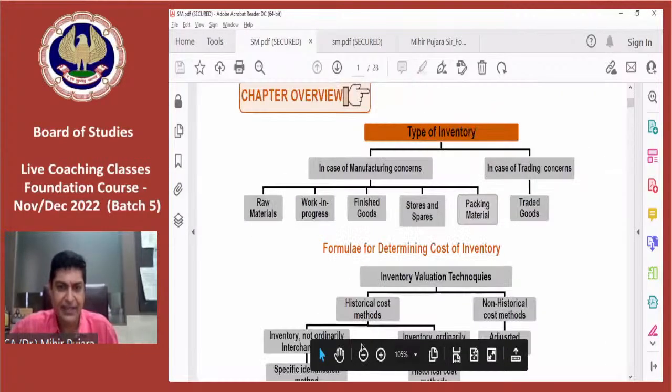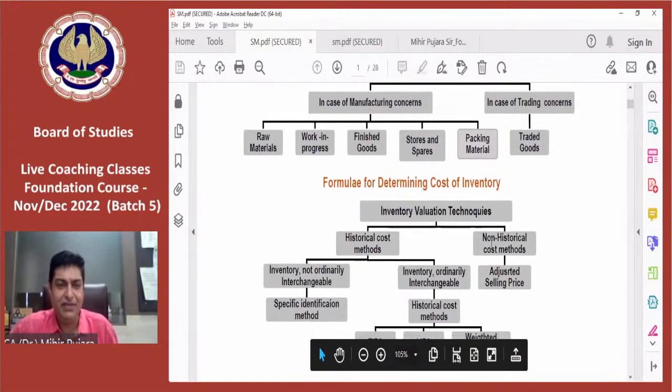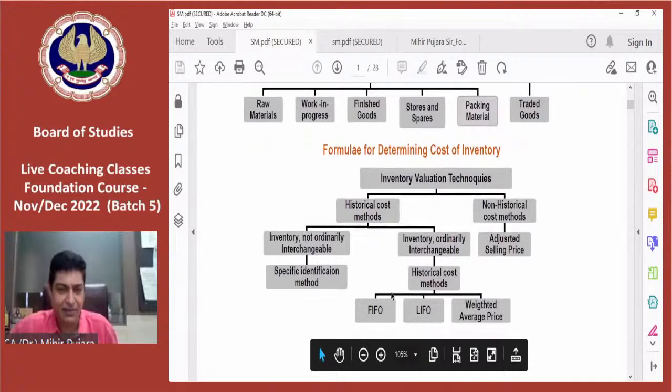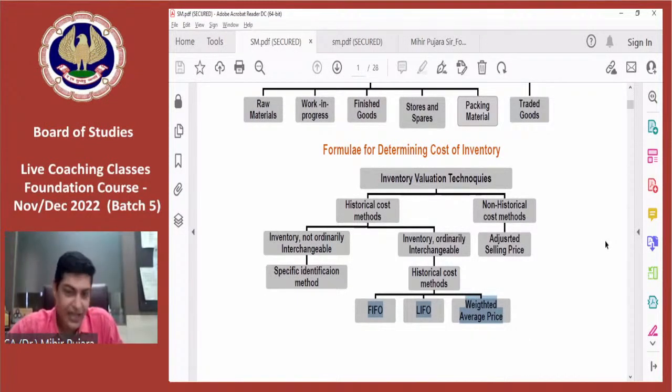These are the learning points: FIFO, LIFO, and weighted average. Inventory, the weightage is 4 to 8 marks in exam. And FIFO, LIFO and weighted average are the maximum methods they are asking.